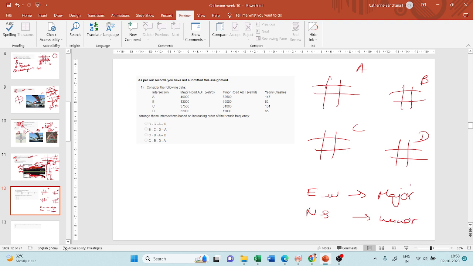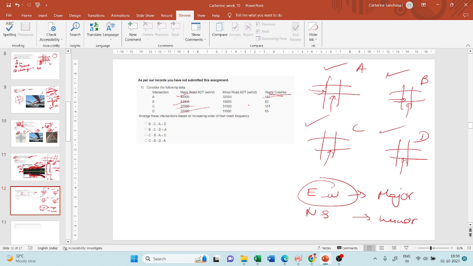They've given you the number of vehicles per day on the major road in this direction for each intersection, and the number of vehicles per day on the minor road, in the north-south direction, for all 4 intersections. And they've also given you how many crashes have occurred in each of these intersections per year.